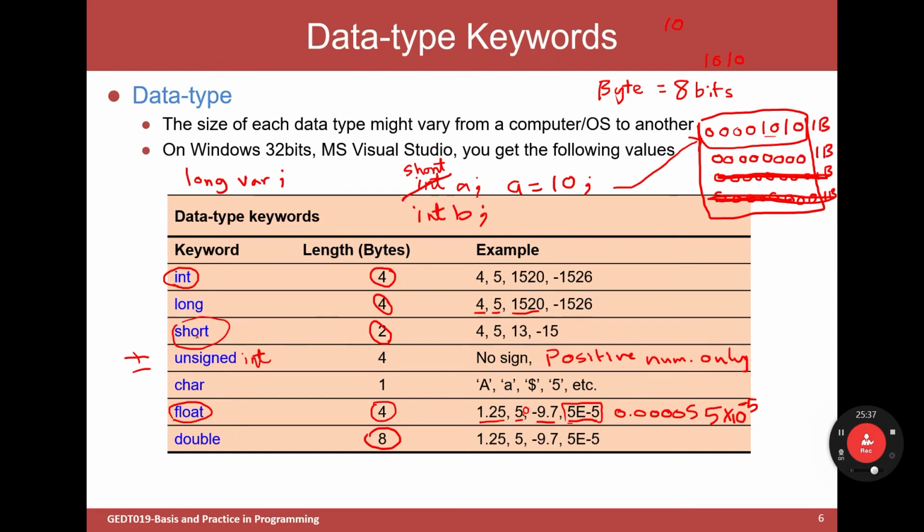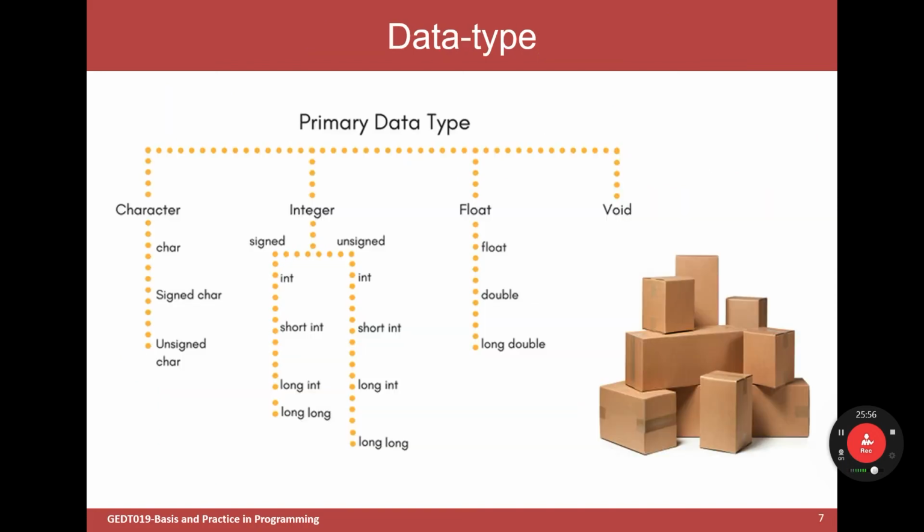But a large integer number, you can save inside int or long. But in the case of real numbers, you can save a small real number inside float and a large real number inside double, okay? Now, here is the primary data type in C language.